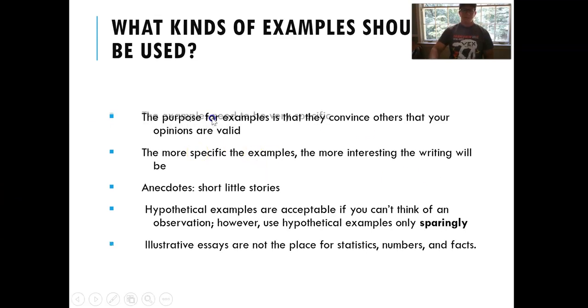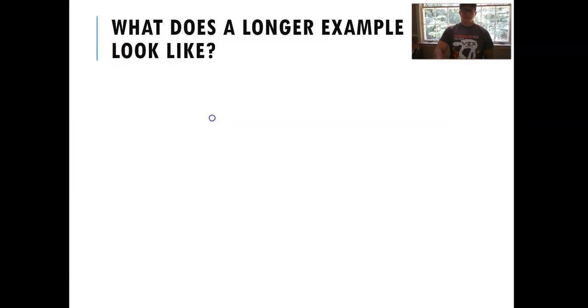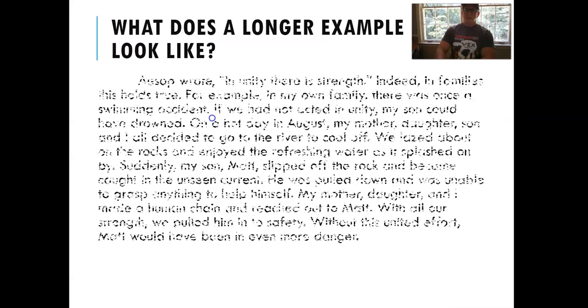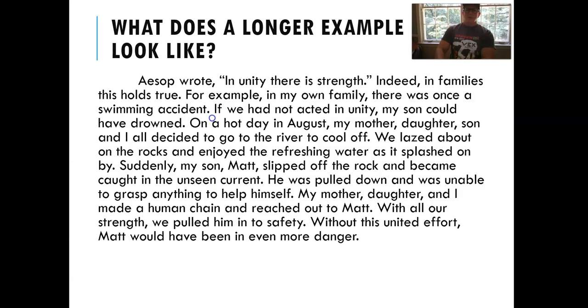Okay. Let's see here. All right, so what does a longer example look like? Well, here we go. So let's say you are writing a paragraph about this saying, in unity there is strength, okay?